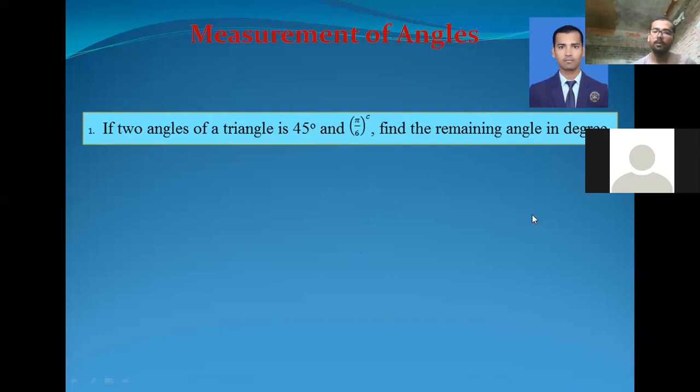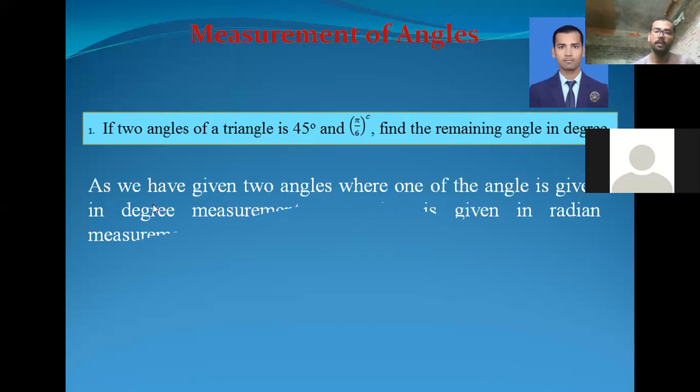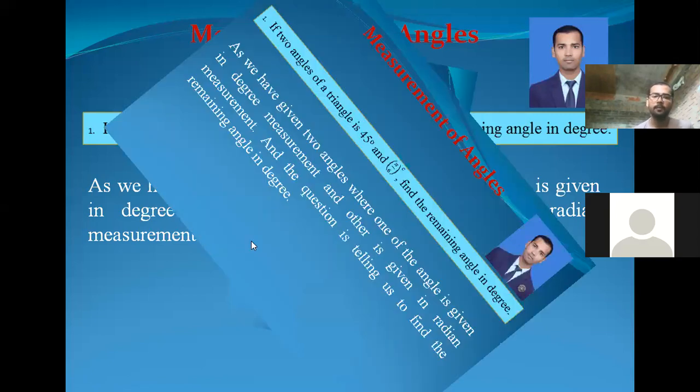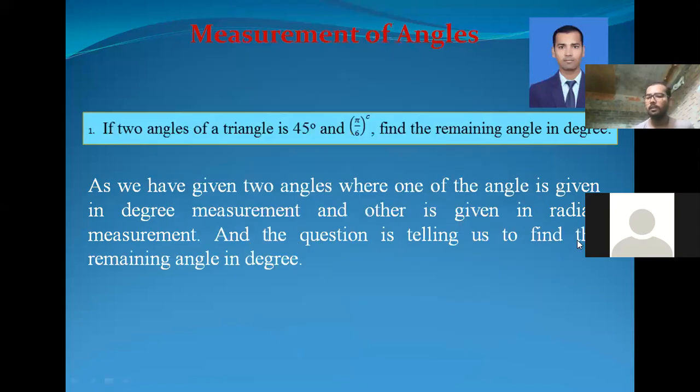If we talk about the solution, then our solution is like this. We have two angles given, where one is given in degree measurement and the other in radian measurement, and the question is telling us to find the remaining angle in degree.